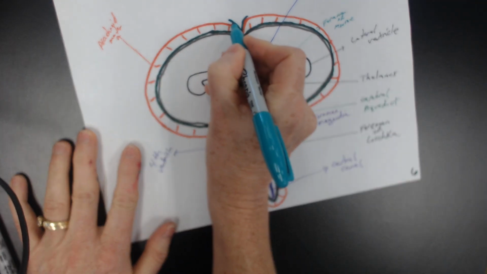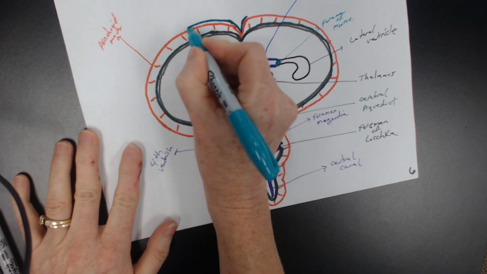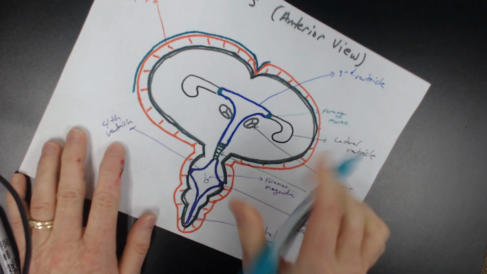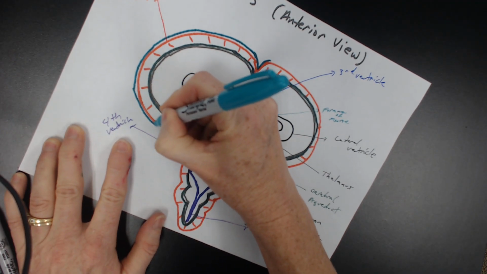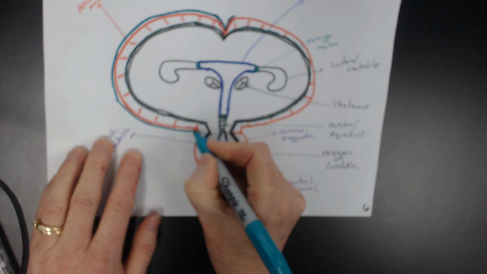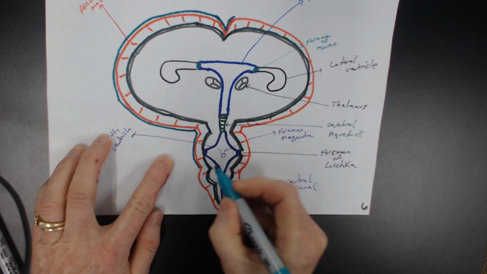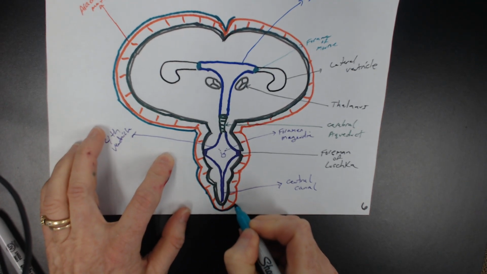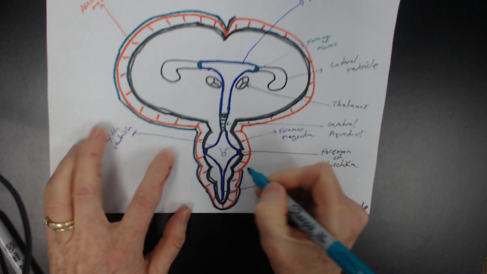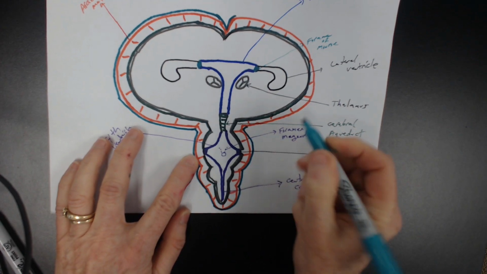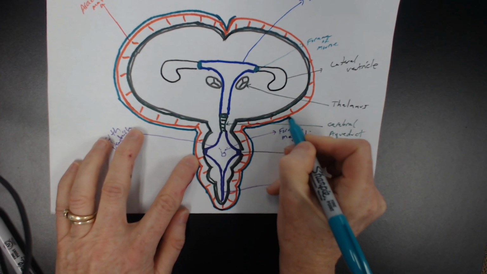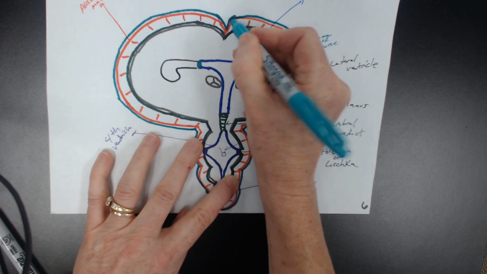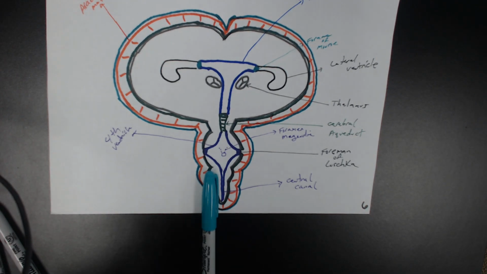So that's your meningeal dura, still there. And it's all the way around the brain and the spinal cord. So that's your meningeal dura.